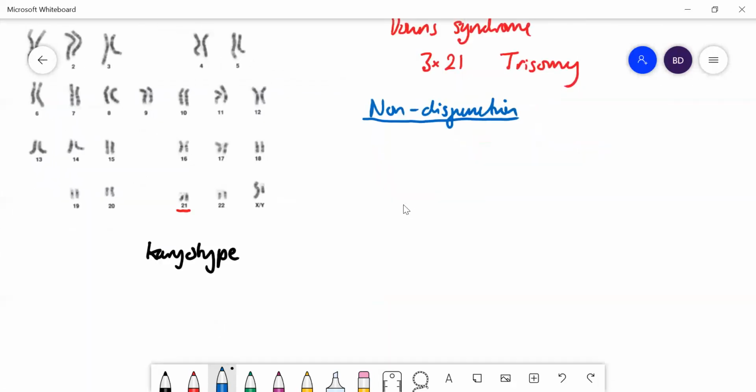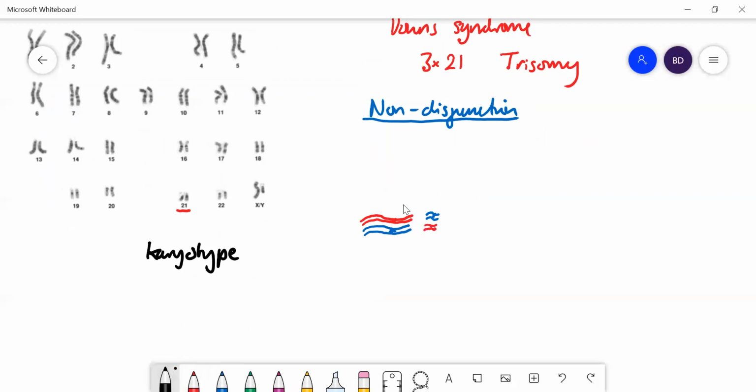Let's say this is a metaphase, so that's of meiosis 1. I'll just draw 2 homologous pairs of chromosomes. There's one big one, and we'll say there's another small one there. Obviously, I'm not going to draw all 23, but we'll get the idea of what happens.